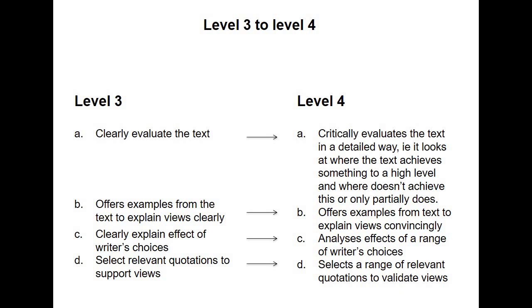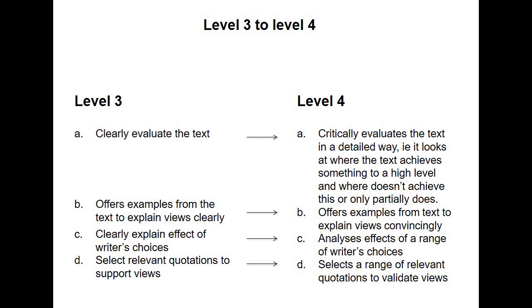And then shows relevant quotations to support views. Now, quotations, we've got the S on the end, so that means you have to be using more than one, okay? And support views means every time you're using a quotation, it must be in reference to something you've stated that you've evaluated clearly in relation to the text.